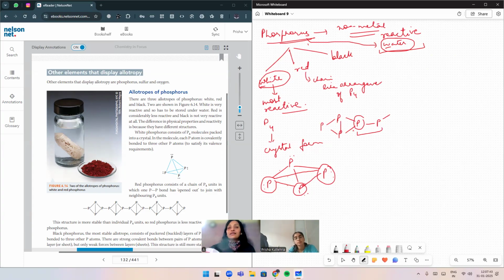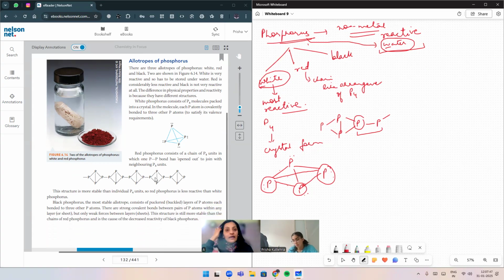Now, this type of structure is very stable as compared to the individual P4 units, so it will be more stable, right?